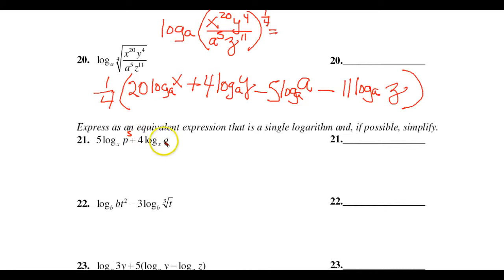We have a 4 that's going to be on the q here. So I'm just modifying this a little bit. So it becomes log, and since they're both positive, log base x of p to the 5th power q to the 4th power. Okay.